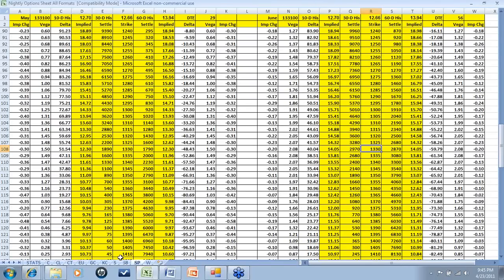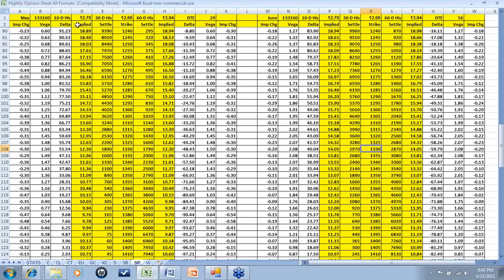Let's take a look at one more before we sign off. I wanted to make sure, again, that you understand what you're looking at: the options month, the futures price associated with that, the 10, the 30, and the 60-day historical volatility, the days to expiration, the implied volatility change from the day before, the vega, the value of an option for a one-tick move in implied volatility, the delta, the movement of the options compared to the movement of the underlying futures contract.